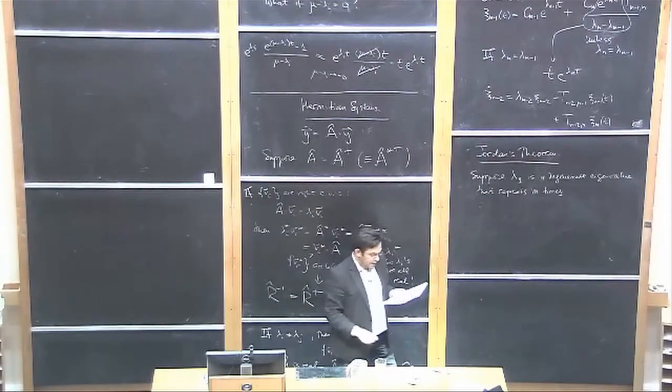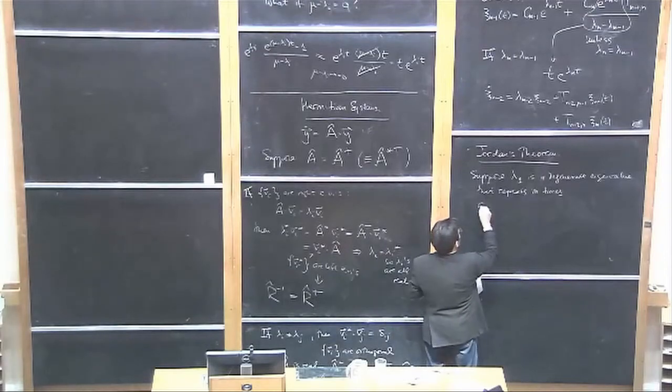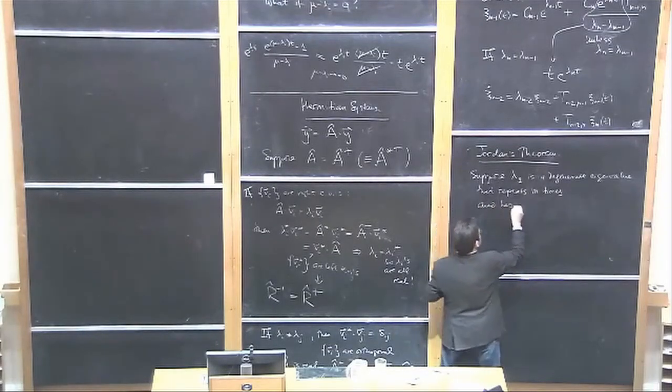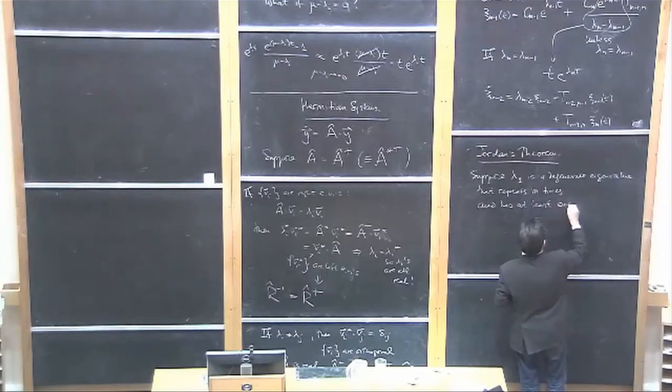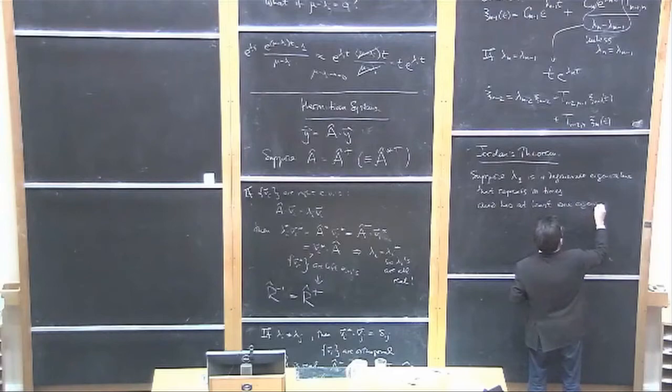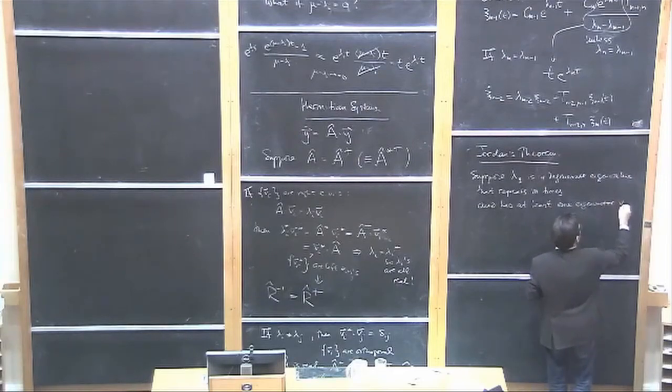And it has at least one eigenvector, which I will call V1.